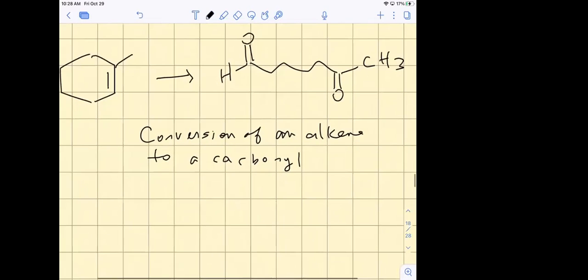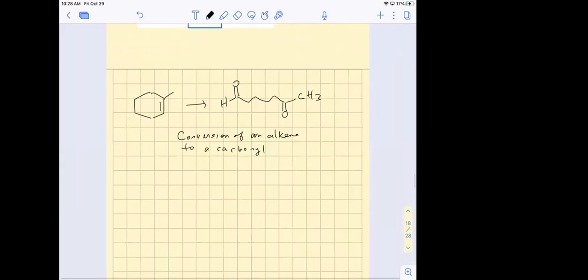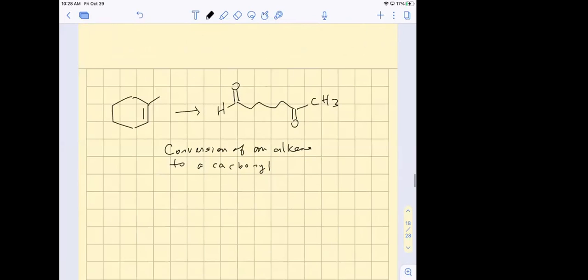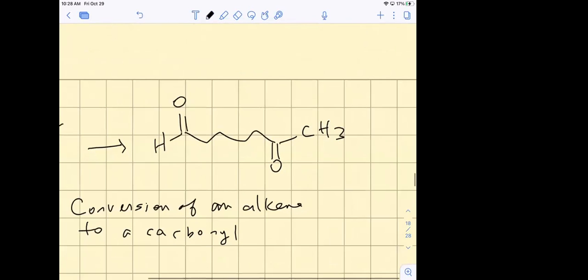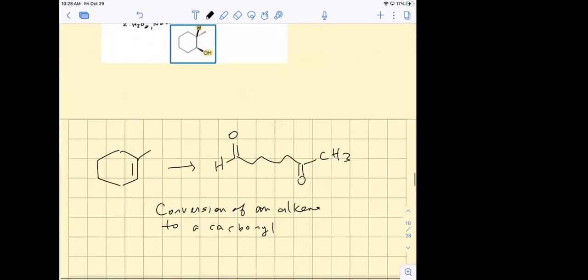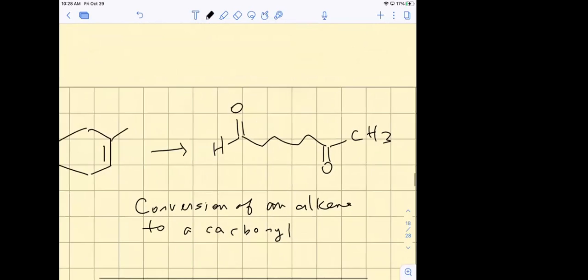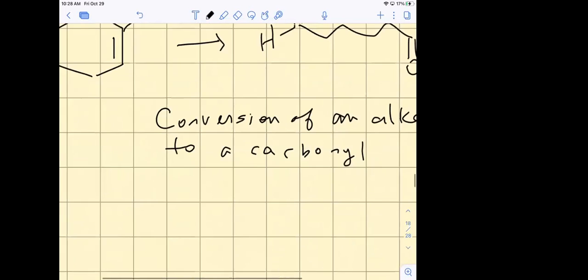We don't learn those reactions in part 1, but we can take an alkene and convert it to an alcohol and then oxidize the alcohol up to a carbonyl. But that's an indirect way. This is a direct way of converting an alkene into a carbonyl. And this is an example of what we call ozonolysis.